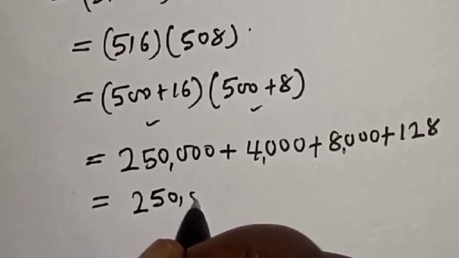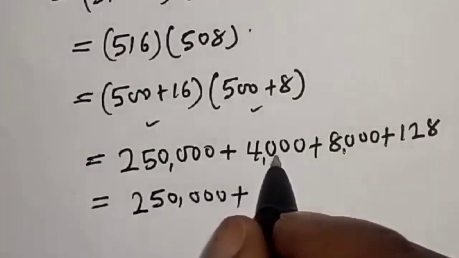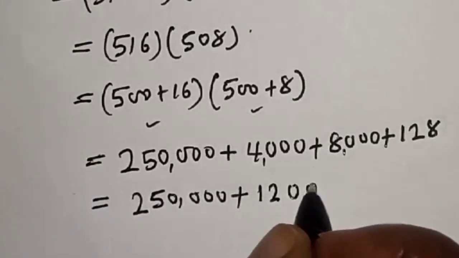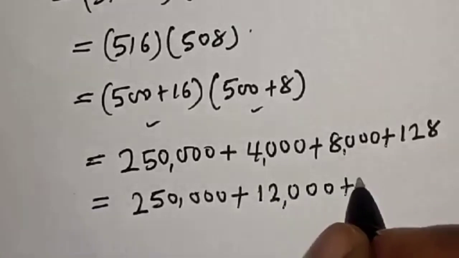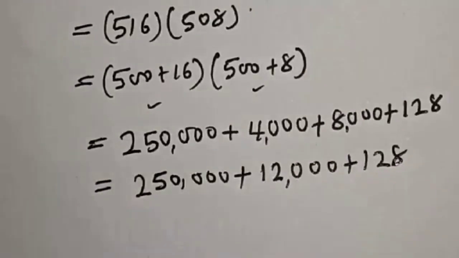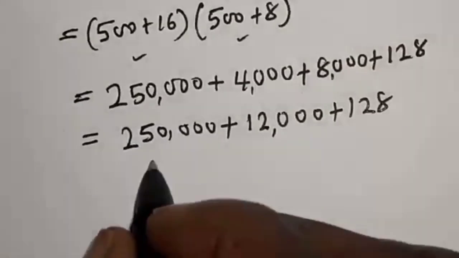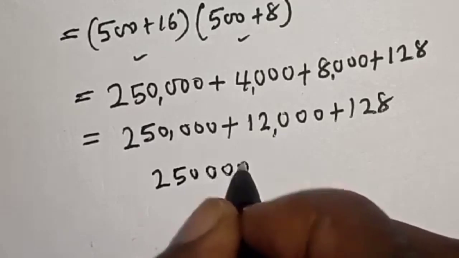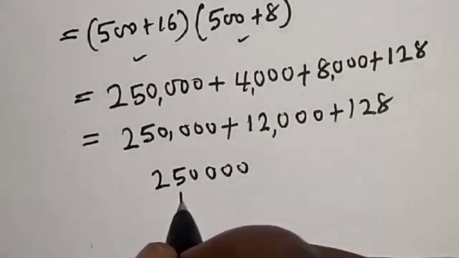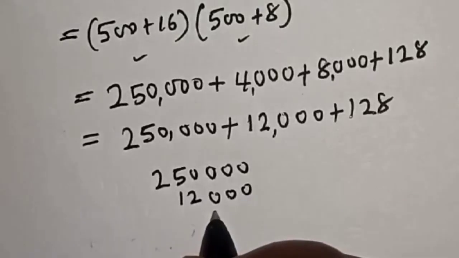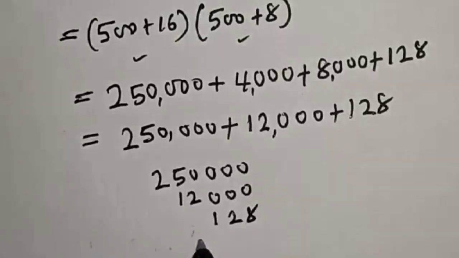250,000 plus 4,000 plus 8,000, that is 12,000, plus 128. Now let's add everything together. 250,000 plus 12,000, then plus 128.